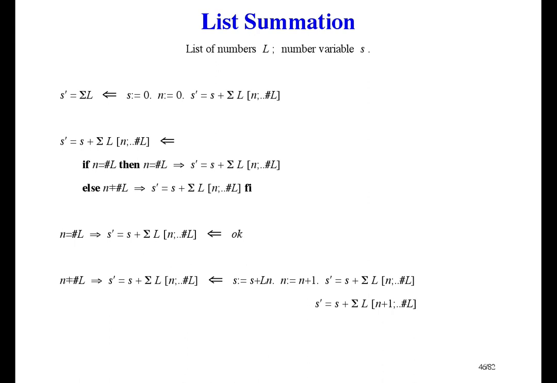And then we have to replace s by s plus L n, so let's do that. This part can be simplified. It's L n plus the sum of the items from n plus 1 onwards. So that's just the sum of the items from n onwards. And now the right side implies the left side.